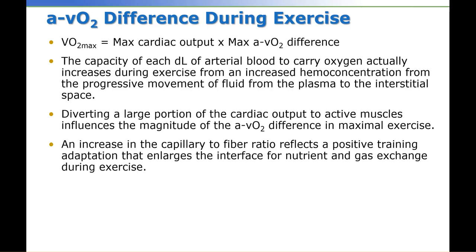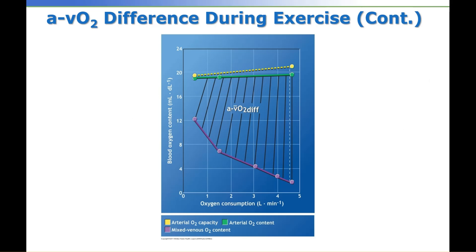That's why, with the heart, you don't have to circulate that much blood even through increased exercise. And that's what this is talking about here. You have the arterial O2 capacity and then the arterial O2 content, okay? Blood oxygen content and oxygen consumption, and then the AV-O2 difference. So here you have changes in AV-O2 difference from rest to maximal exercise in physically active men.